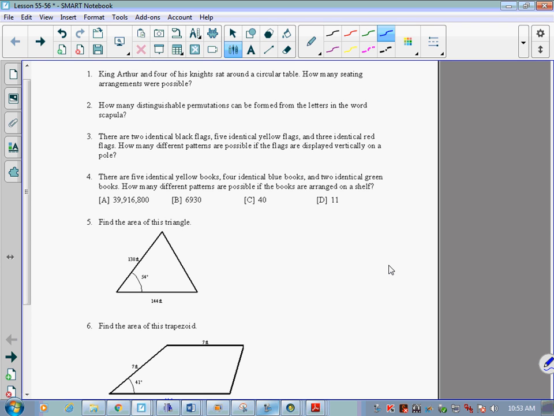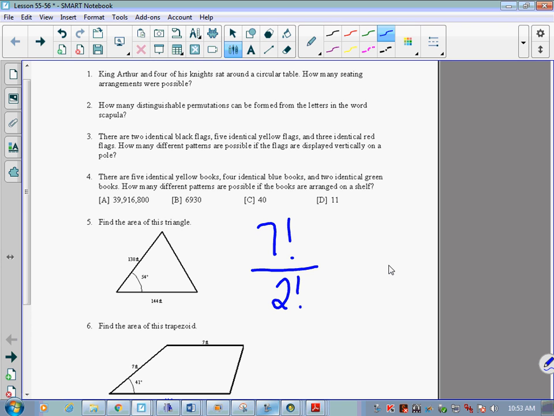How many letters are there in scapula? 7. So we take 7 factorial, but then we divide it by how many times something repeats. There's only one letter that repeats, and that's A, but it repeats 2 times. So we take 7 factorial divided by 2 factorial.